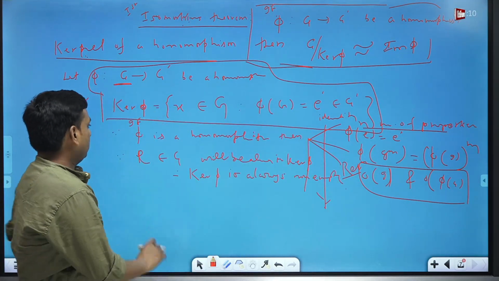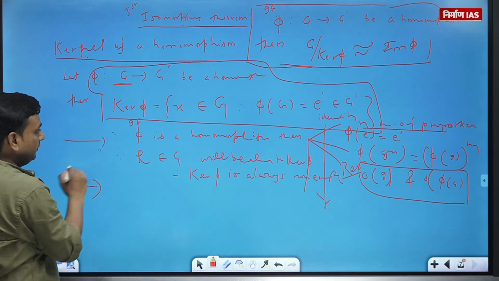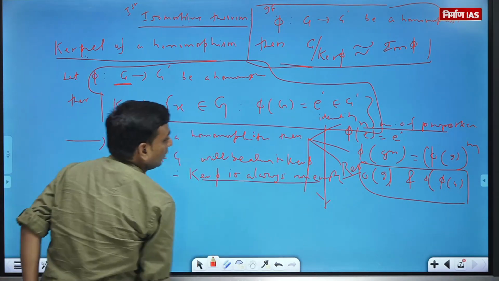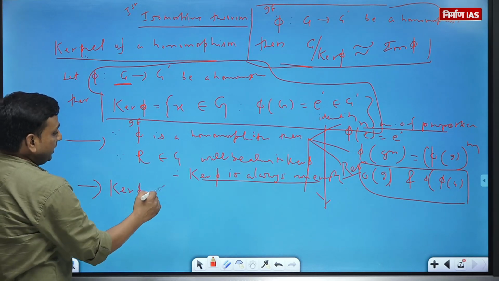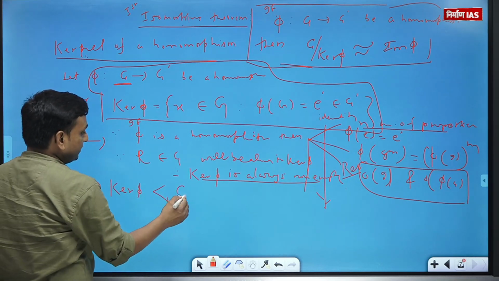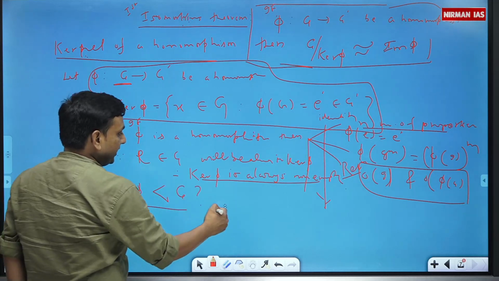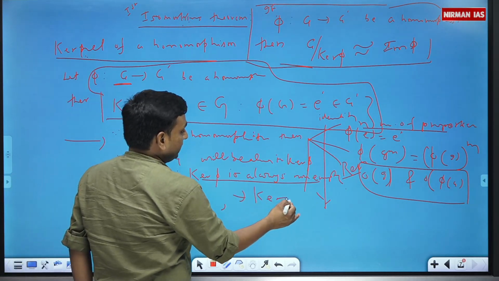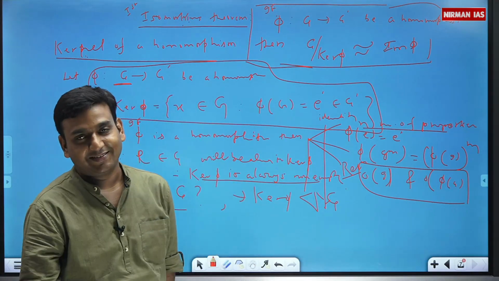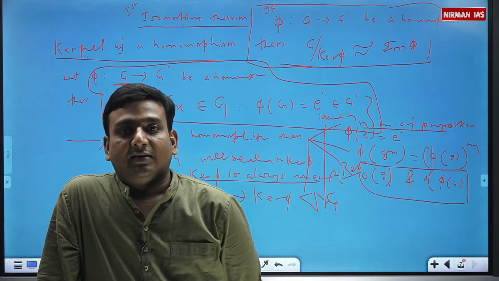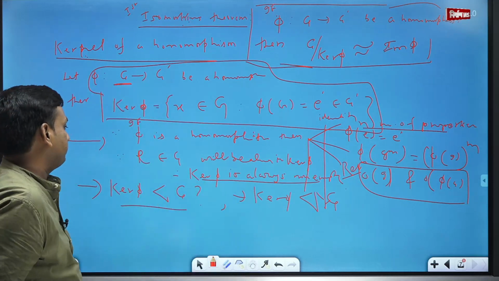So that is the first point, that ker phi is non-empty always. Next is whether ker phi is a subgroup of G, and the next target is whether ker phi is a normal subgroup of G or not. Okay.